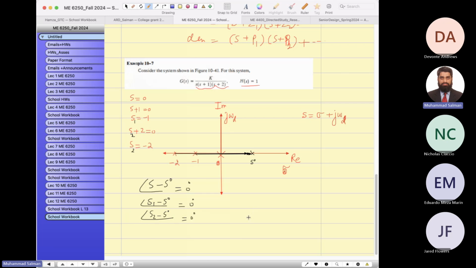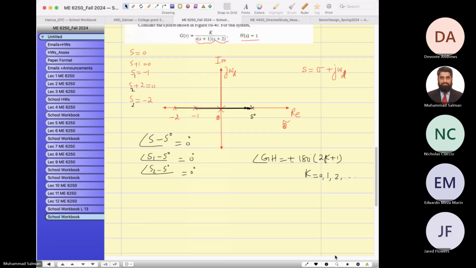But we know that the angle criteria should have plus or minus 180 degree, and the odd multiple of that. Odd multiple is 2k plus 1, where k goes from 0, 1, 2, and so on. Now, in this case, if we add all these, what are the angles?